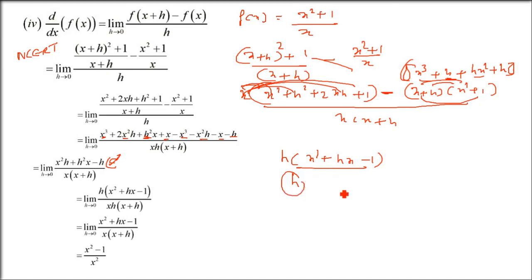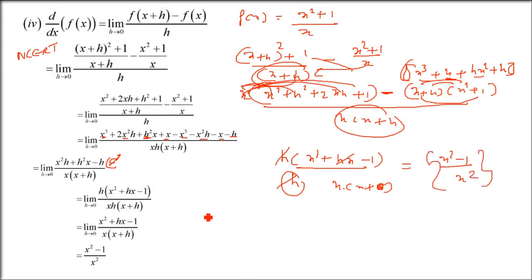So h gets cancelled now. Now put h as 0, so only x square minus 1 will remain, and the denominator you have x and x square will remain. This is the final result.